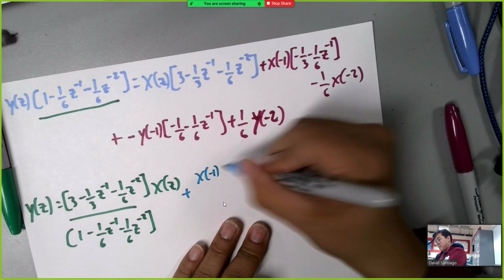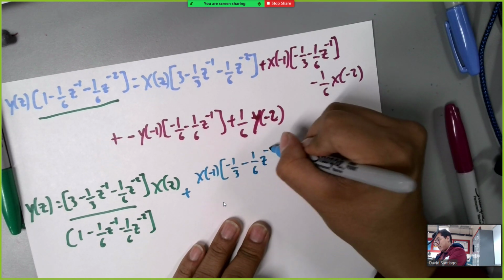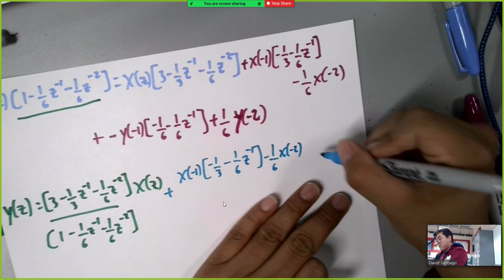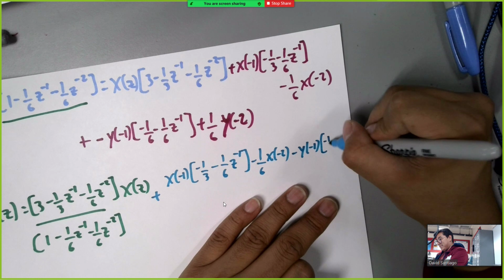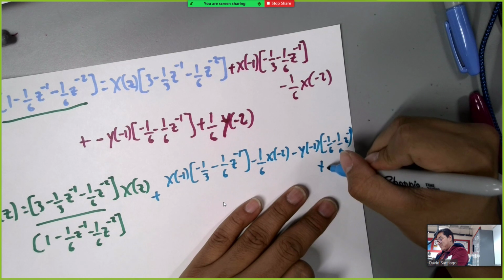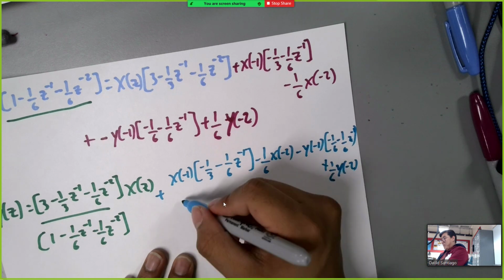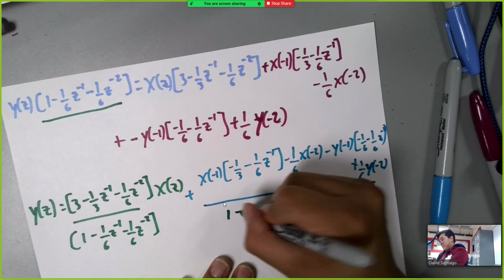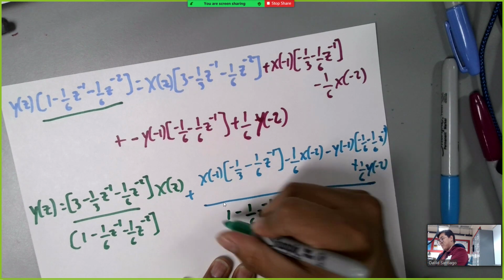X of minus 1, minus 1 over 3, minus 1 over 6, z to the minus 1, minus 1 over 6, x of minus 2, minus y of minus 1, minus 1 over 6, minus 1 over 6, z to the minus 1, plus 1 over 6, y of initial at minus 2. All this divided by 1 minus 1 over 6, z to the minus 1, minus 1 over 6, z to the minus 2. Whew.